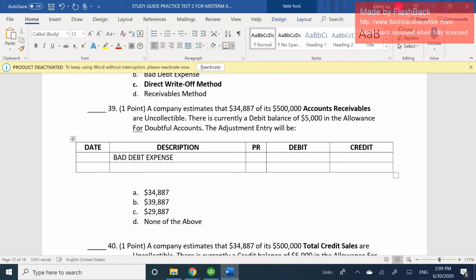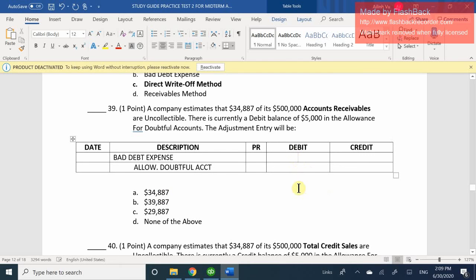Bad debt expense, and I'm just going to put allowance. Oops, I forgot the 4. Okay, allowance for doubtful accounts.